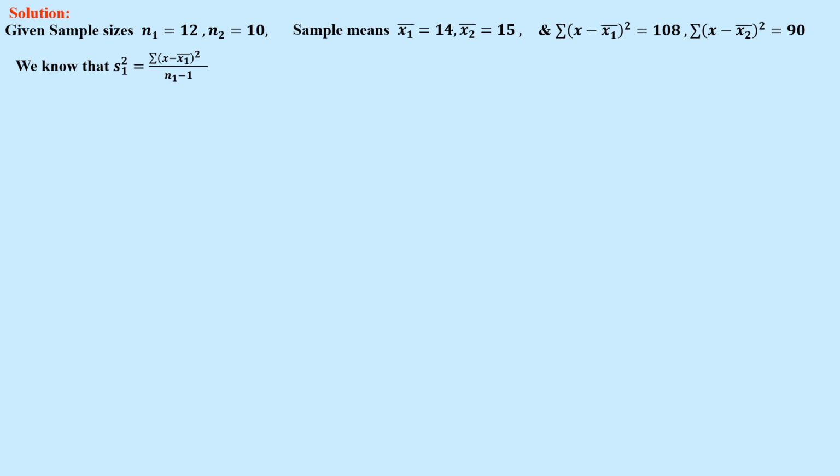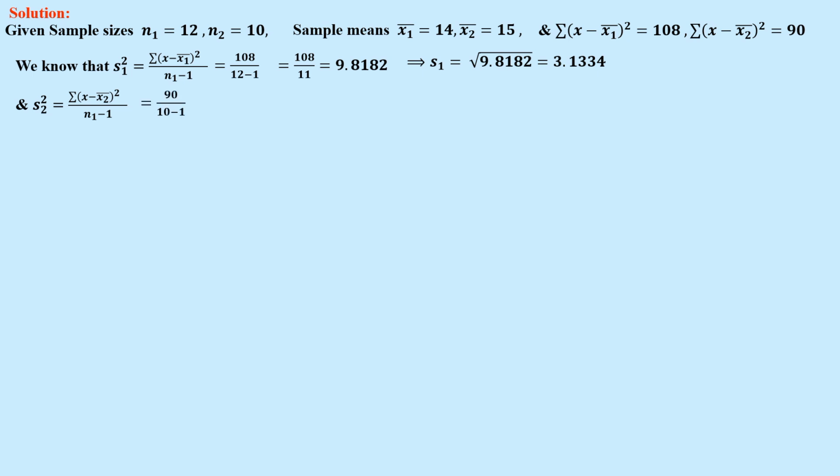S1 square is equal to summation of x minus x1 bar square by n1 minus 1. So 108 by 12 minus 1, so you will get 9.8182. S1 equal to root of 9.8182, that is 3.1334. Similarly, S2 square is equal to summation of x minus x2 bar square by n2 minus 1, not n1. So 90 by 10 minus 1, so you will get 10. So S2 is equal to root 10, that is 3.1623.